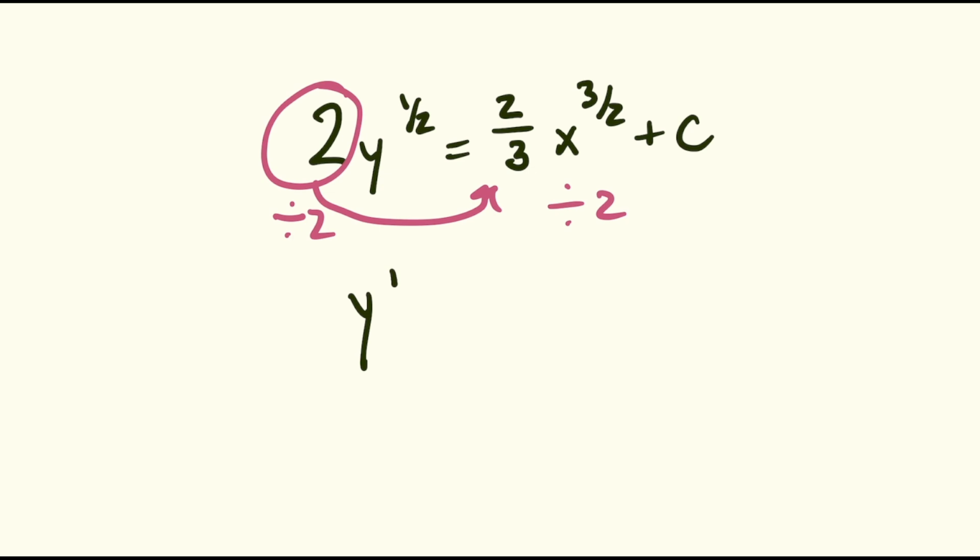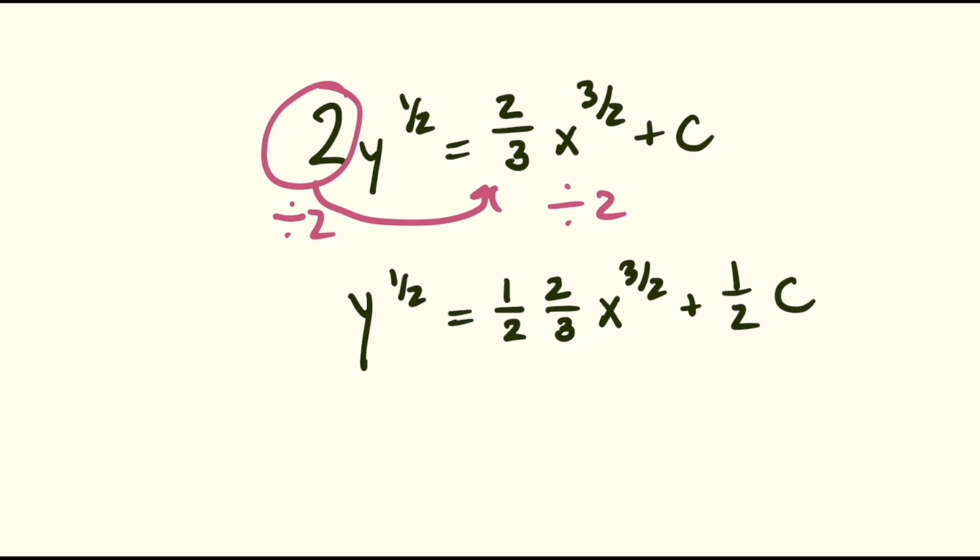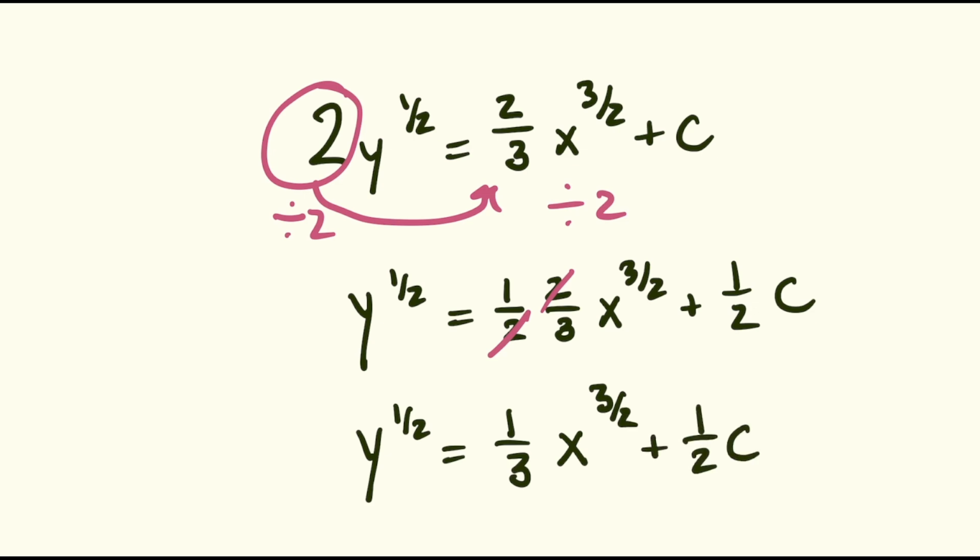So this is going to give us y to the 1/2 is equal to, and I'm just going to divide both terms by 2, or multiply by 1/2, I should say, plus 1/2 c. And we'll notice that our 2's are going to cancel here. So we get y to the 1/2 is equal to 1/3 x to the 3/2 plus 1/2 c.